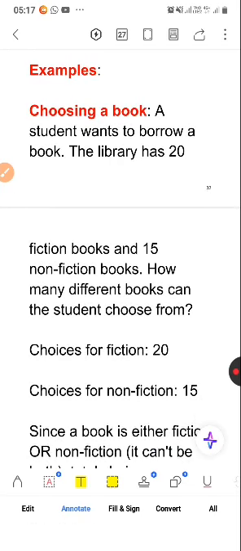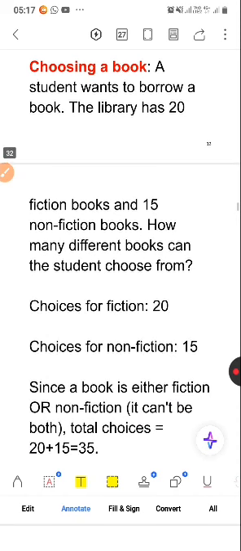In this case, we want to know how many different books the student can choose. The student can either choose from the fiction books or the non-fiction books. You realize that they are in two categories. The student is not selecting from the same category, but from distinct categories.